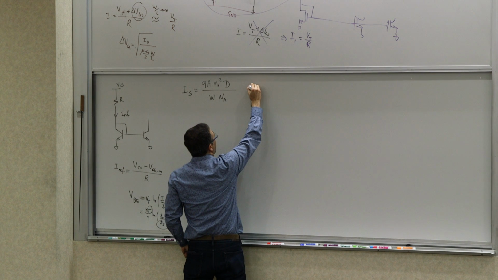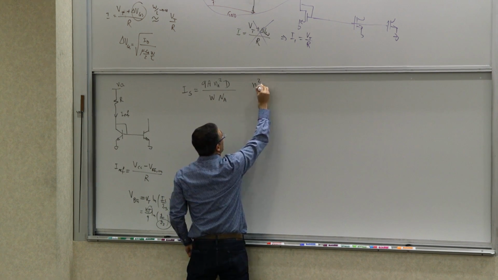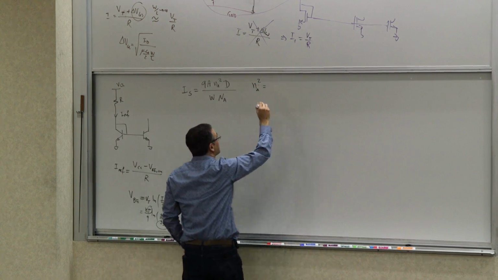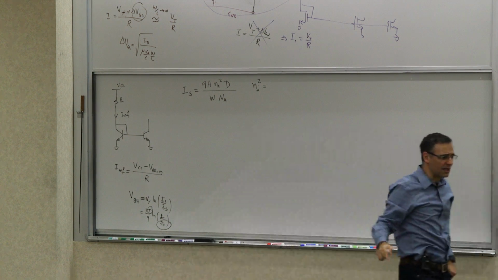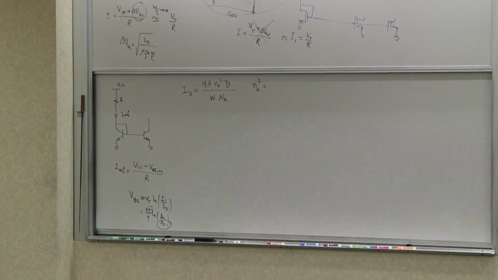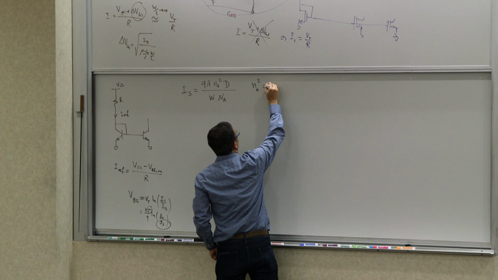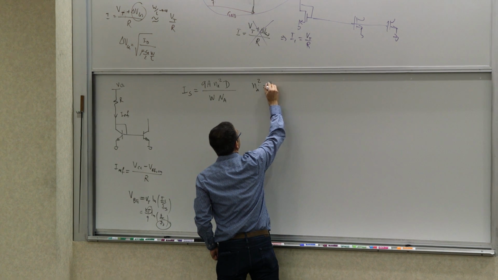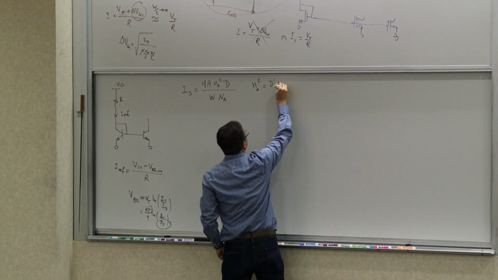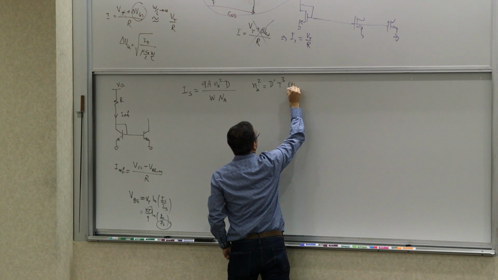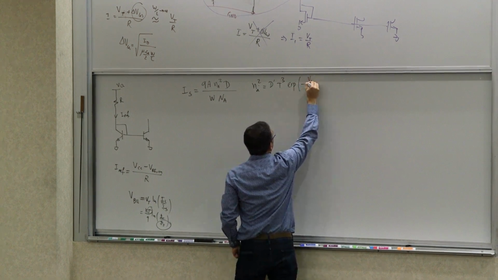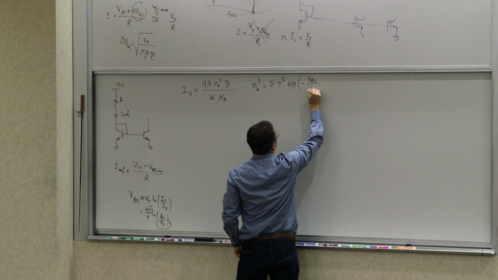Well, Ni squared is, in fact, you can actually show, so let me just get the exact expression for it, T to the third. So it's some constant, I call it D prime, T to the third e to the negative VG over VT.